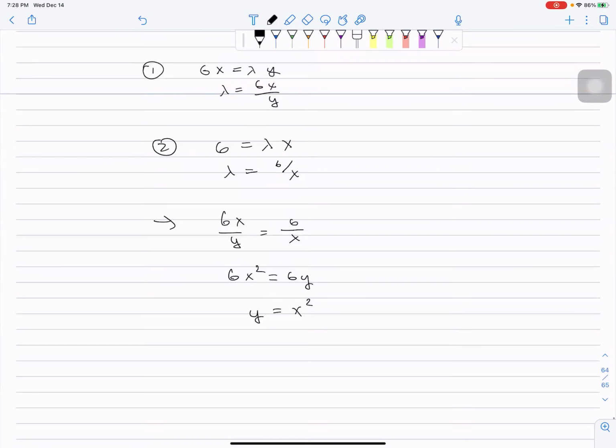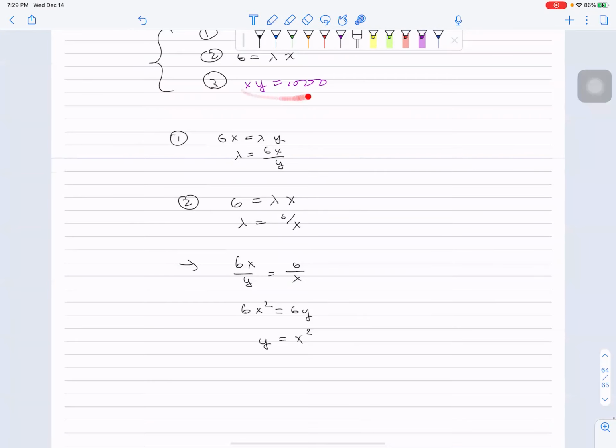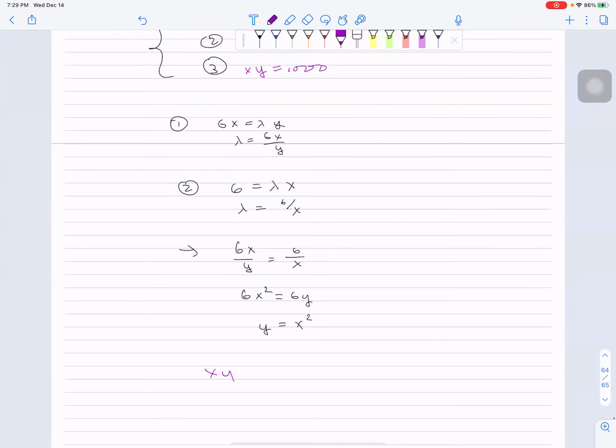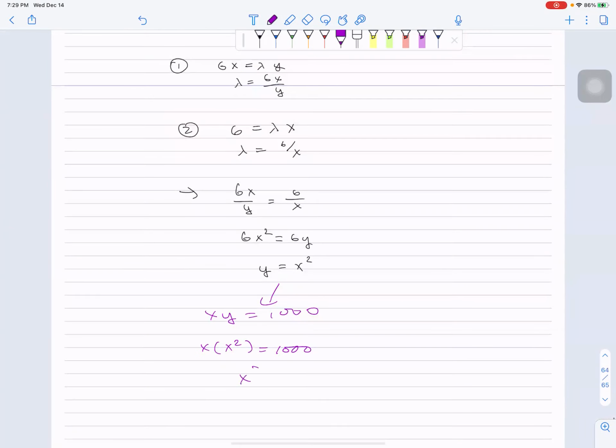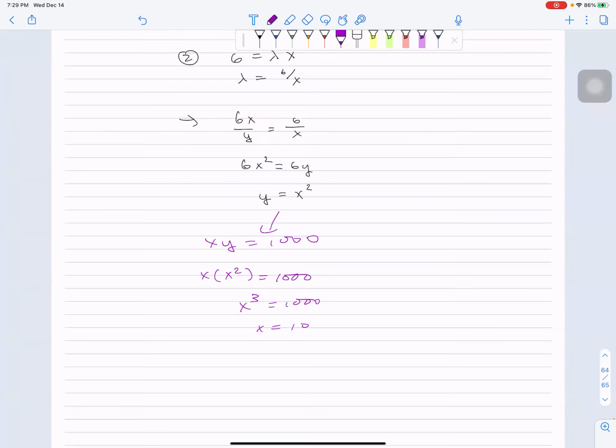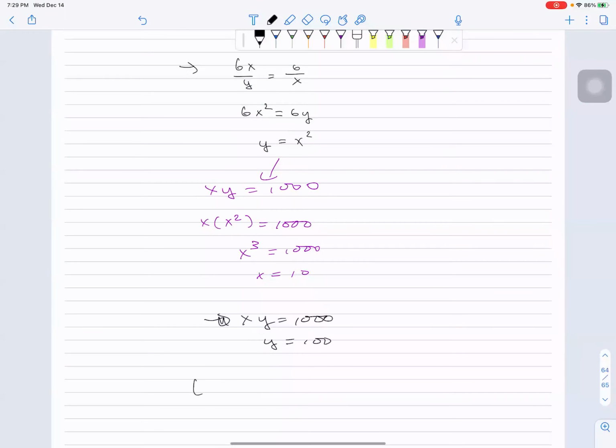Then I think I get stuck, but don't forget, I still have a third equation, the constraint equation. I can plug this in for y. So I get x cubed is 1,000, or x equals 10. If x equals 10, that means from my xy equals 1,000 equation, y equals 100. So an x and y of 10 and 100 minimizes my cost. Okay, any questions on that?